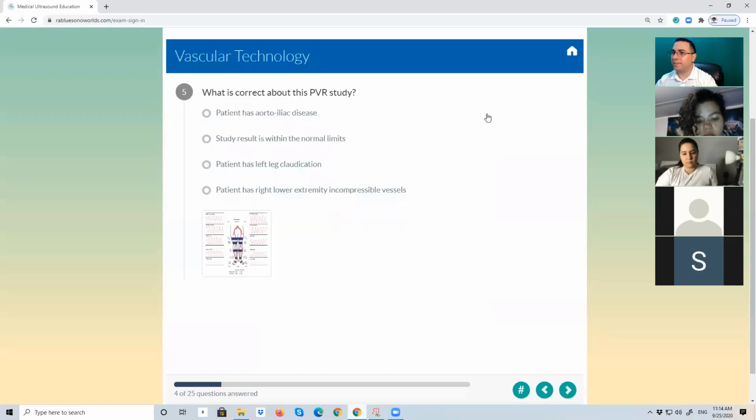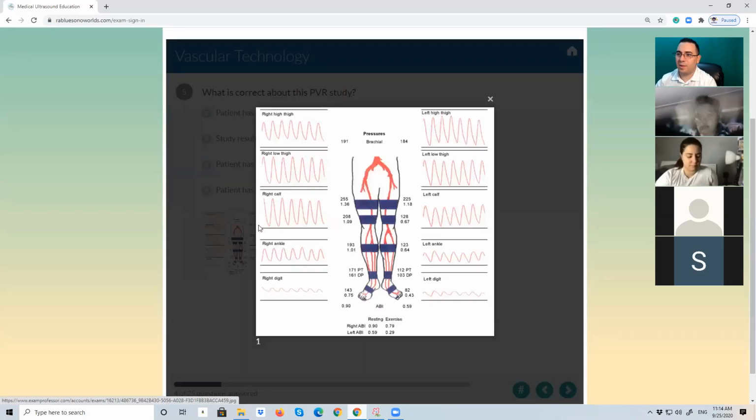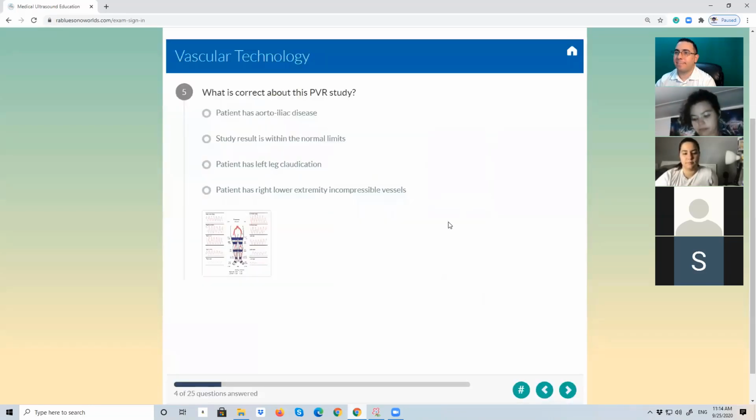The ABI. I can show you the picture right here. Patient has left leg claudication.